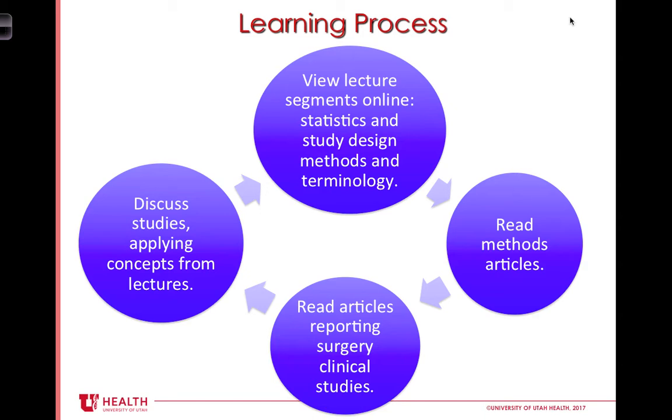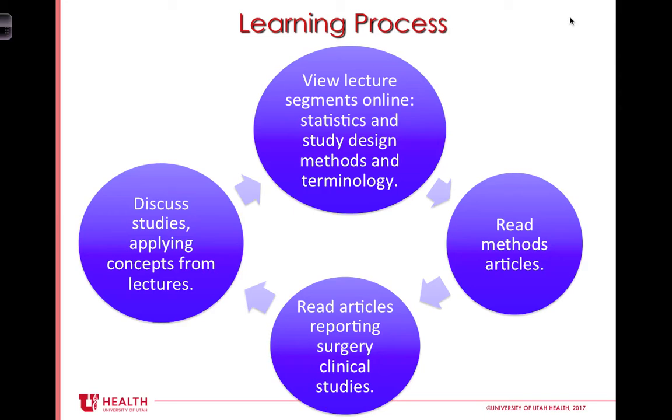And then the circle on the bottom says that you will read articles reporting on surgery clinical studies. These are articles that have been selected by the surgery faculty for the resident training, and they represent some current issues in surgery clinical research and a variety of study designs being applied.